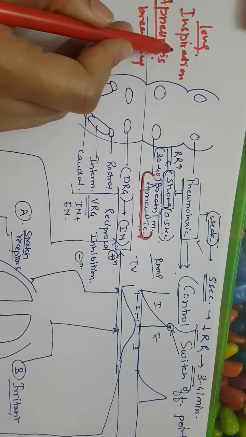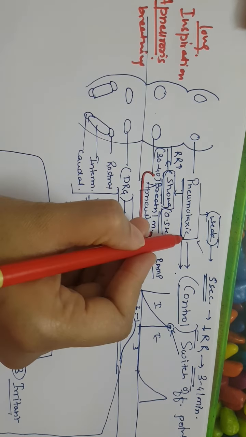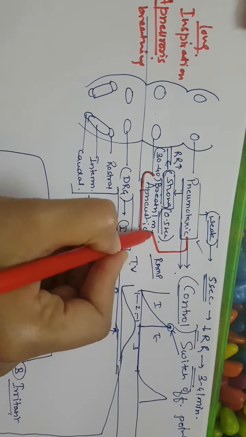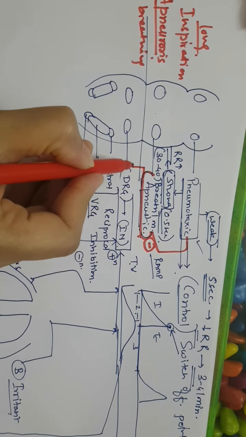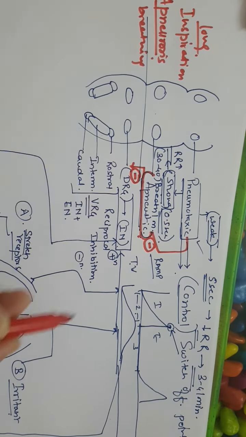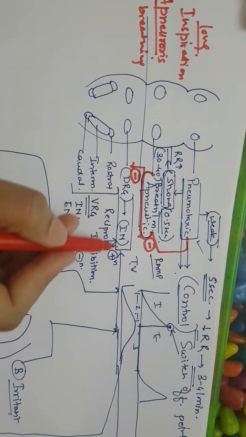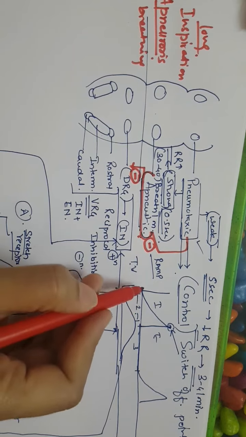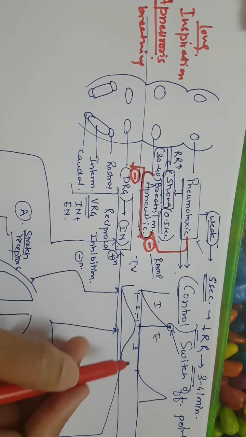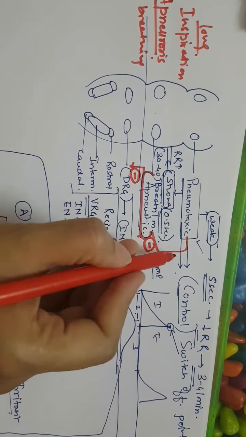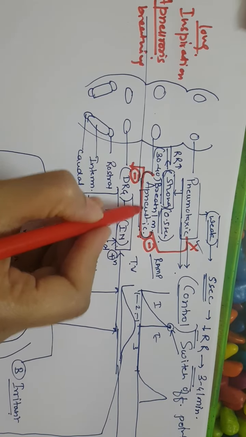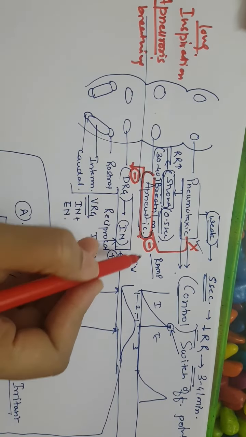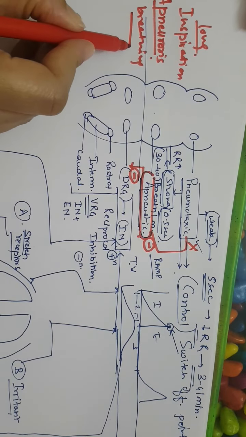So long inspiration. So what does this pneumotaxic center do? It will inhibit the apneustic center, which in turn will inhibit the DRG. Okay. So the inspiration will take place for a required duration. If this pneumotaxic center is destroyed, the apneustic center will take over, and there will be apneustic breathing.